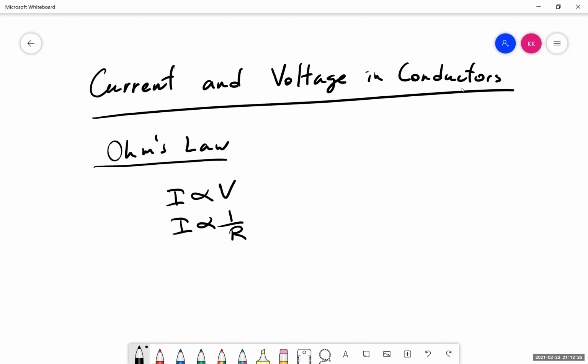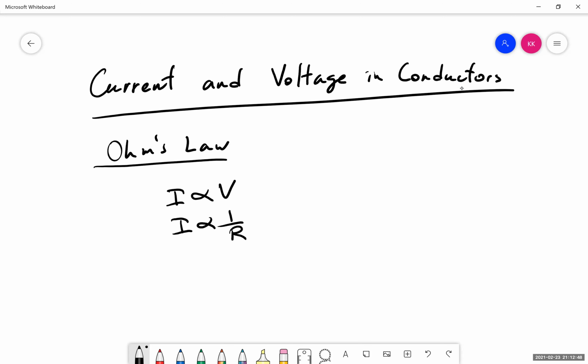That means voltage is sort of like a driving force. Well, it's not a force, but let's say a driving mechanism to push those charges. And the flow of charges is what we define to be the current. But then the resistance is something that we can use to control the current flow.